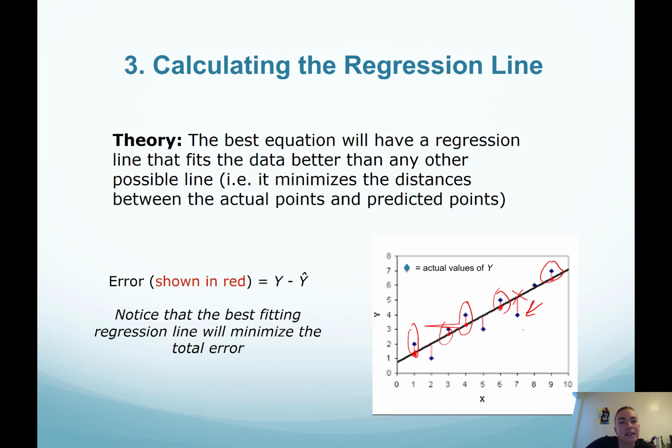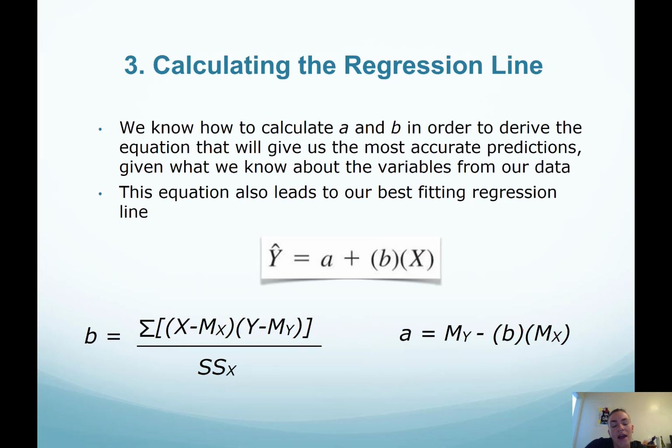The best fitting line will be the line that equally over and underestimates, therefore minimizing the total amount of error. And using this principle, the least square error principle, that minimizes error, we can derive these two equations for calculating A and B.